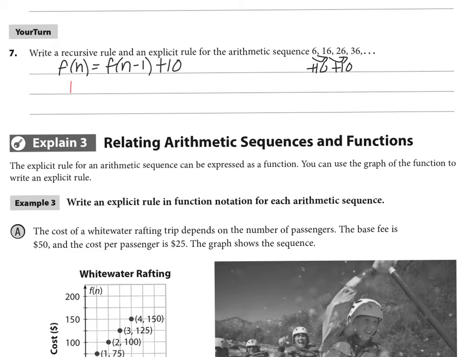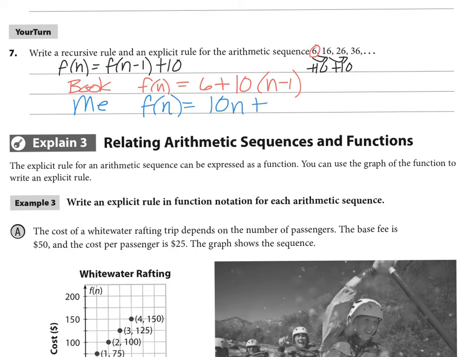For the book, the explicit rule would be f of n equals first term, which is the 6, plus your slope, which is 10, times n minus 1. And then for me, remember, I would do f of n equals your slope, which is 10n, plus your zero term.